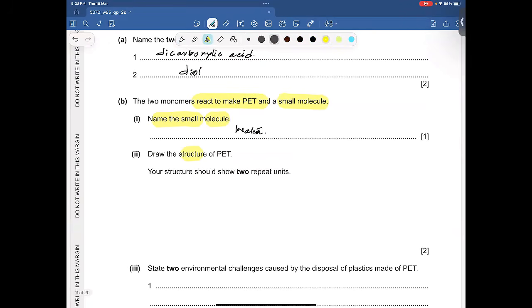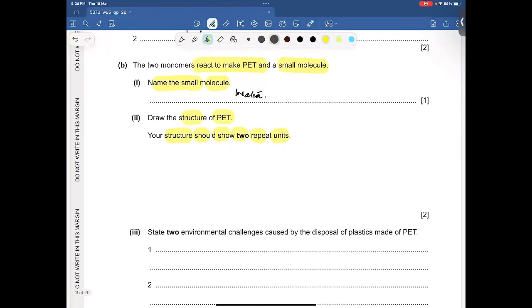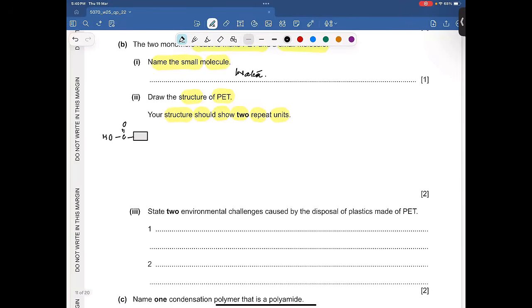Draw the structure of PET. Your structure should show two repeating units. Oh my goodness. Okay. Two repeating units. This is COOH. Okay, this is dicarboxylic acid.